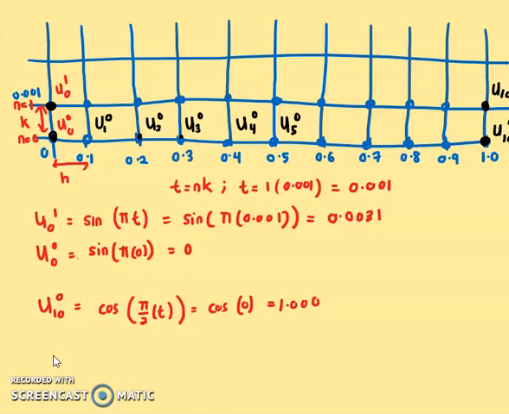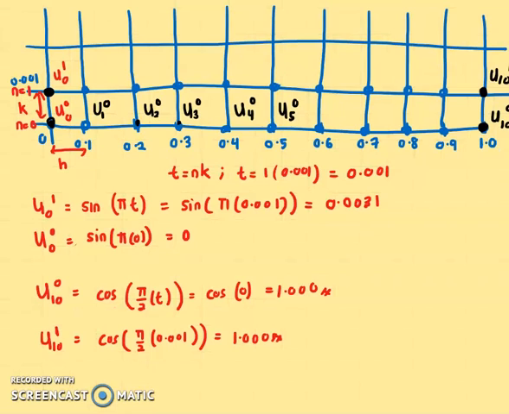And then u 10,1, which is cos pi over 2 t, where t is 0.001. So it will also give me 1. Okay, so we have obtained the solution for the boundaries.